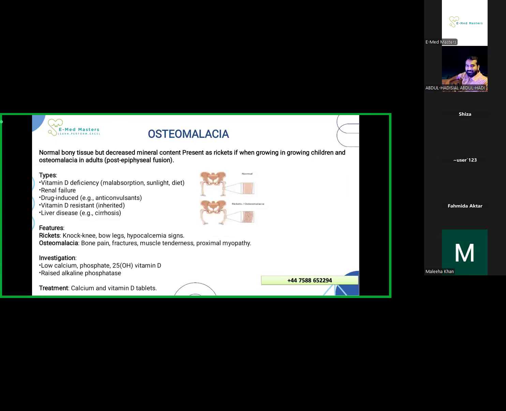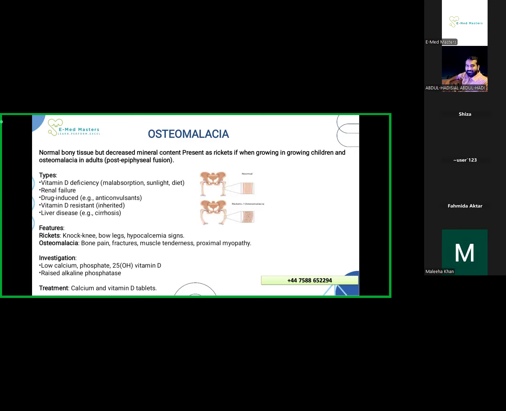So what is osteomalacia? Normal bone tissue but decreased mineral content, as in rickets in growing children, and osteomalacia in adults. So rickets is a disease of the young age, and osteomalacia is a disease of adults.